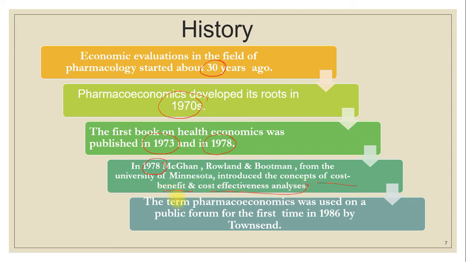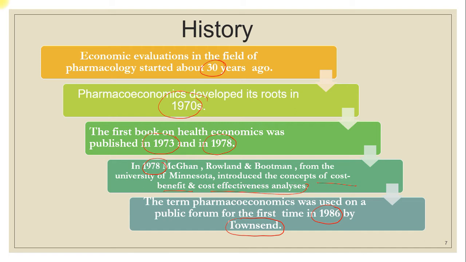analysis. The term pharmacoeconomics was first used on a public forum in 1986 by Townsend. Till that time, people talked about the economics of pharmaceutical care, but nobody used this terminology before.